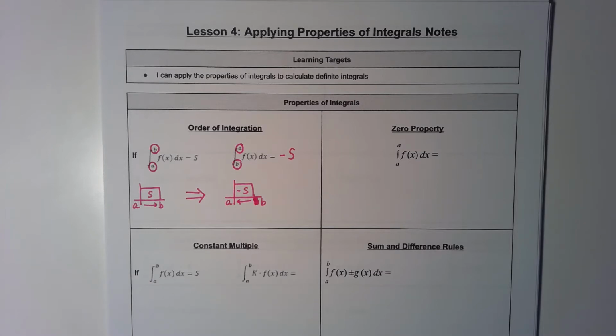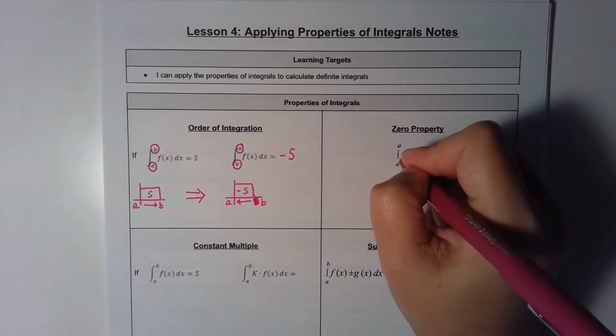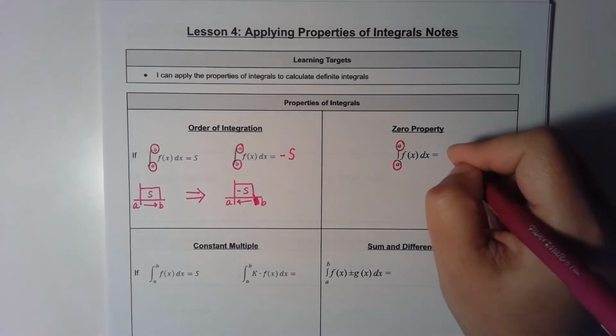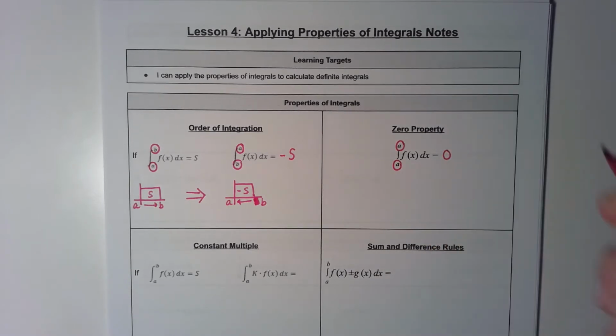Now, the zero property says that if you have a function and you start your area at A and you also end your area at A, then that means that the area is worth 0.